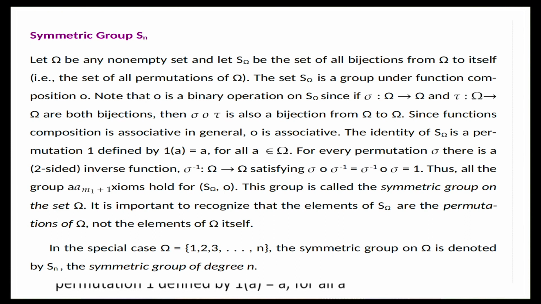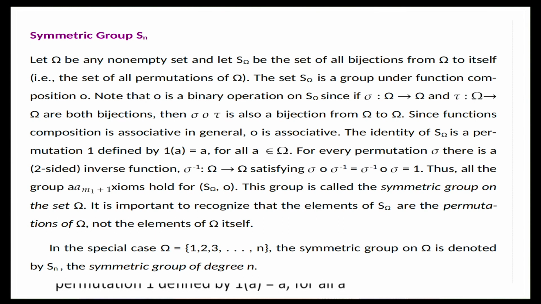The set S_Omega is a group under function composition, denoted by ∘. Note that ∘ is a binary operation on S_Omega, since if sigma from Omega to Omega and tau from Omega to Omega are both bijections, then sigma ∘ tau is also a bijection from Omega to Omega.